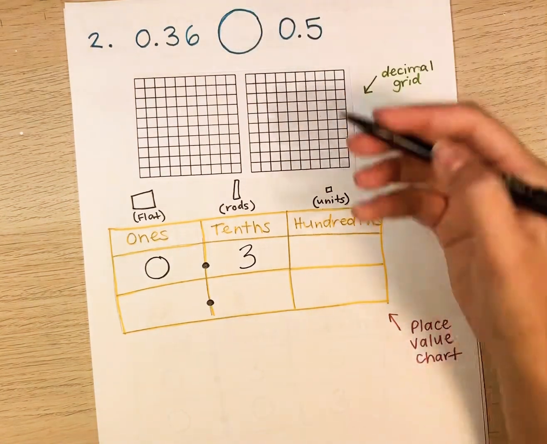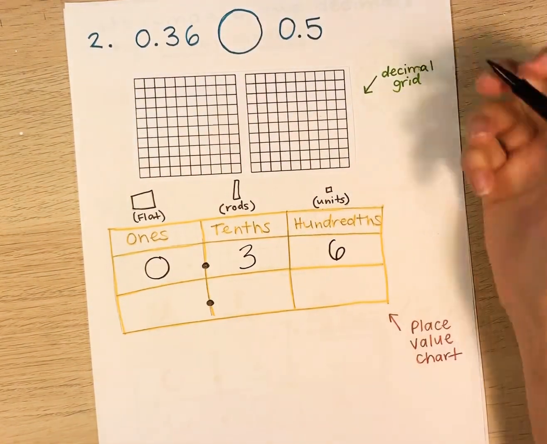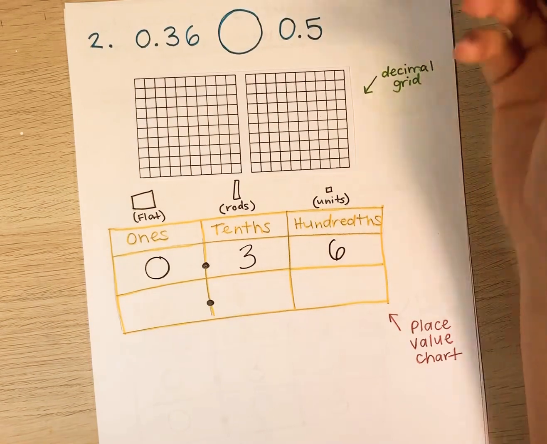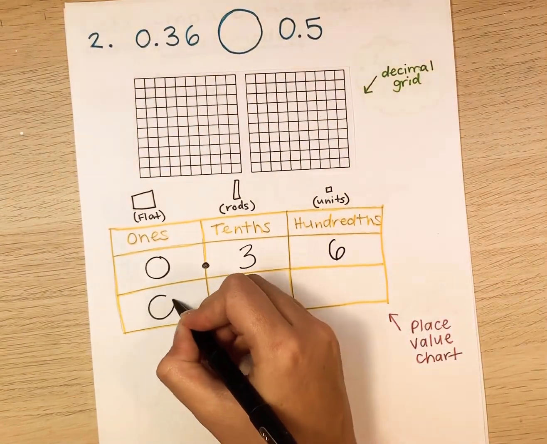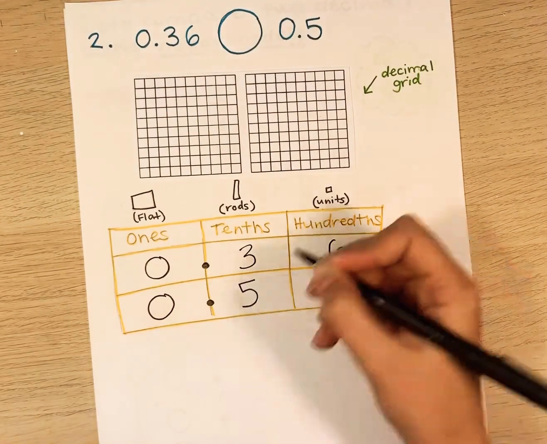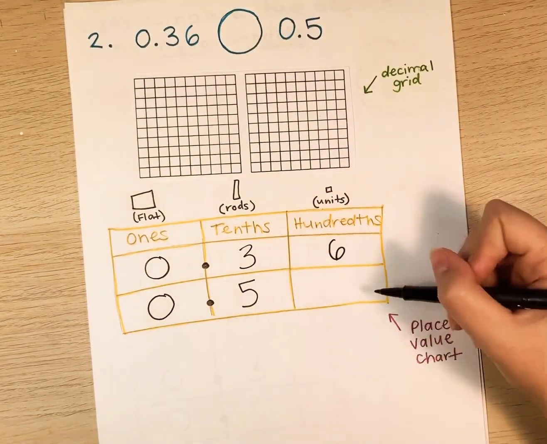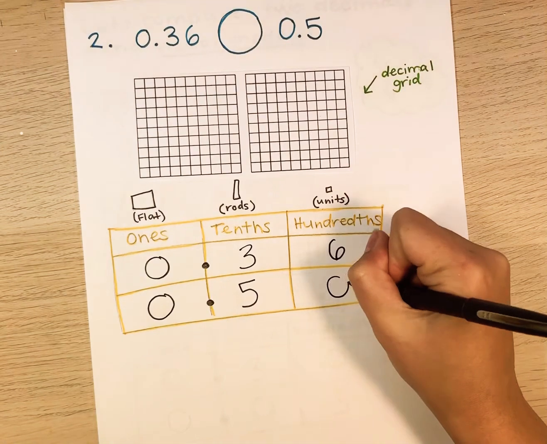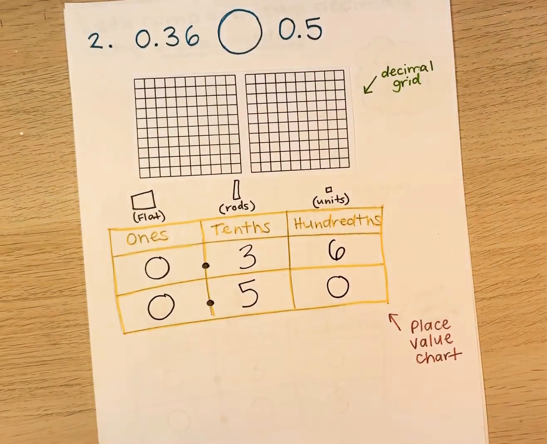And in our hundredths column, we see a 6. For 5/10, again, it's not greater than 1, so 0 in the ones column. We have a 5 in the tenths. We don't have anything in the hundredths, so we can keep it blank, or we can fill it in with a 0.